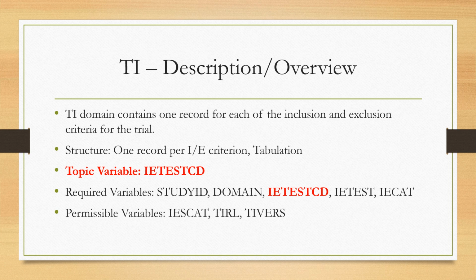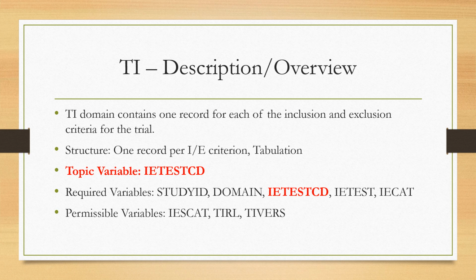There are permissible variables also, which are the I subcategory, the TIRL and TIVERS, which is the trial inclusion versions variable. We will be talking more about these variables and their significance in the TI domain in the coming video.